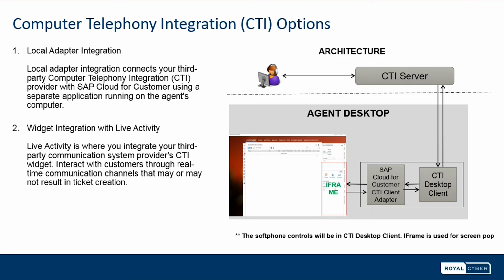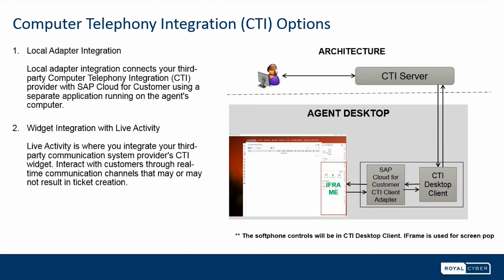In this slide, we'll be discussing the options which are available to integrate computer telephony. The first option is local adapter integration. In this, the third party service provider will be integrating with SAP CX Service Cloud using a separate application which will be available on each and every agent's computer.